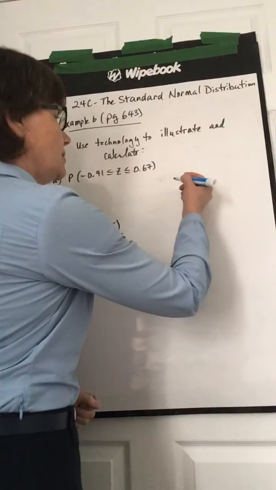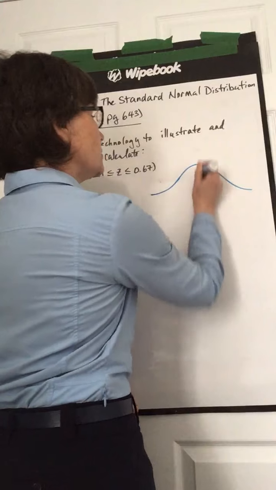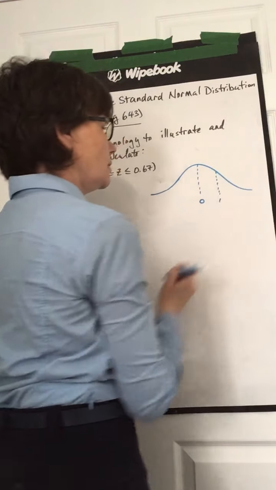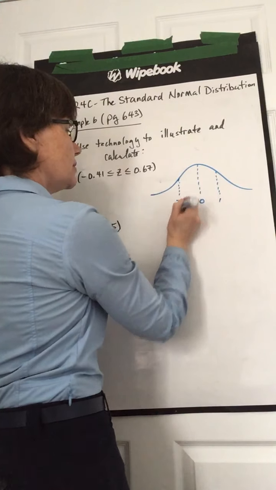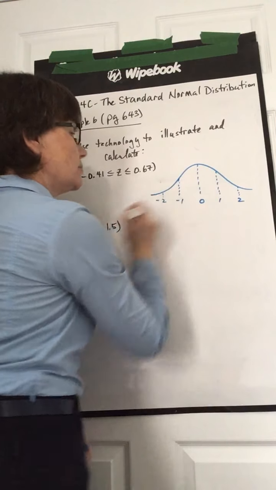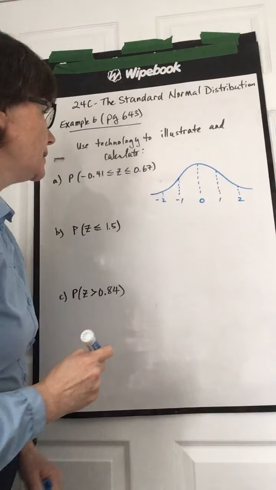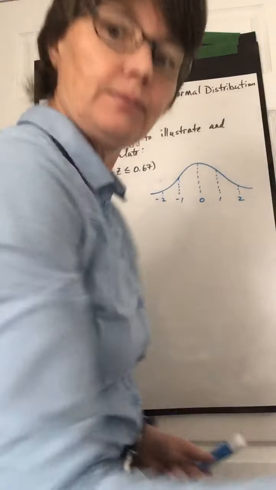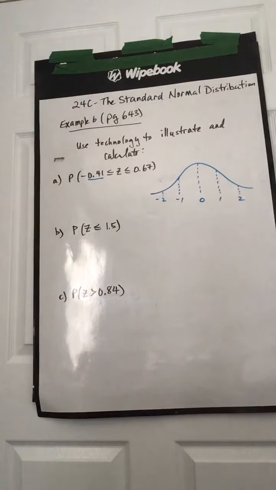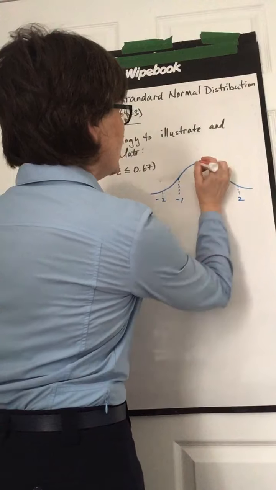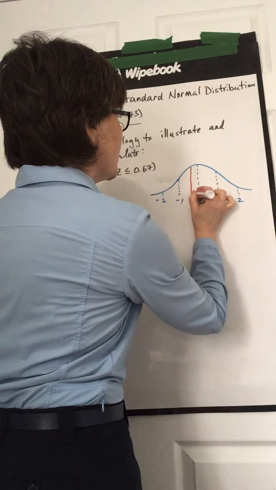So let's draw what this looks like. Z distribution is a normal distribution with mean 0, first standard deviation 1, first standard deviation this way, -1, and so on to -2. We need to find the probability in between negative 0.41, which isn't quite halfway here, so I'll put that in like this.